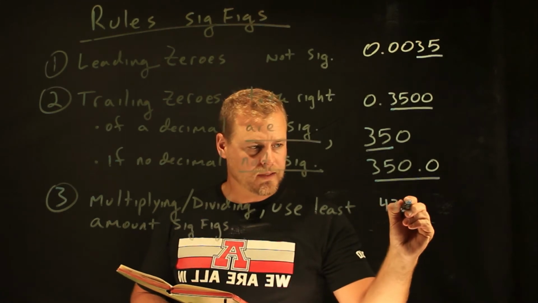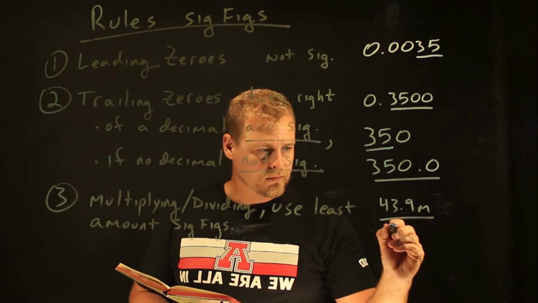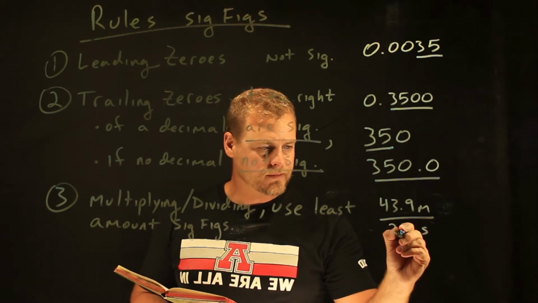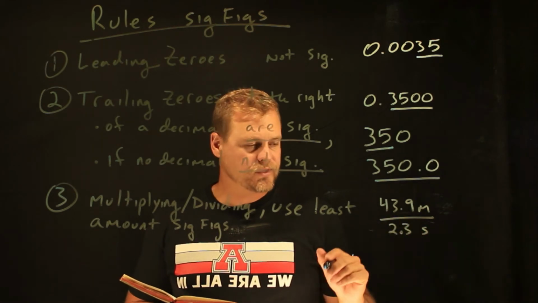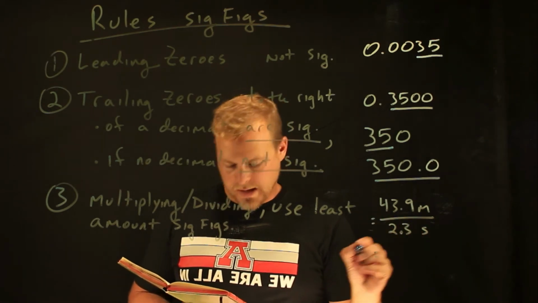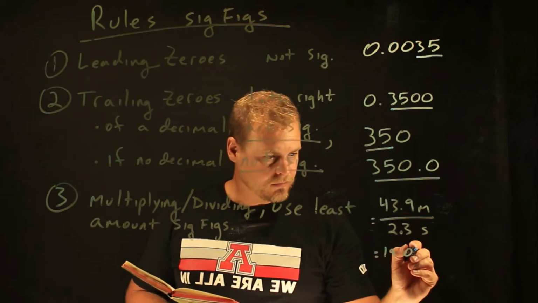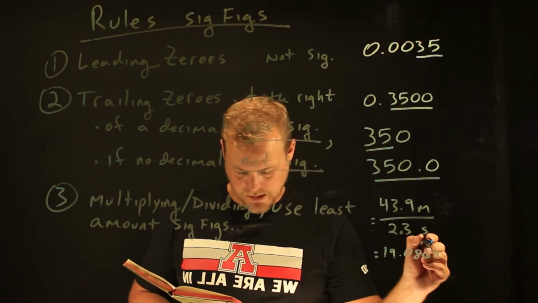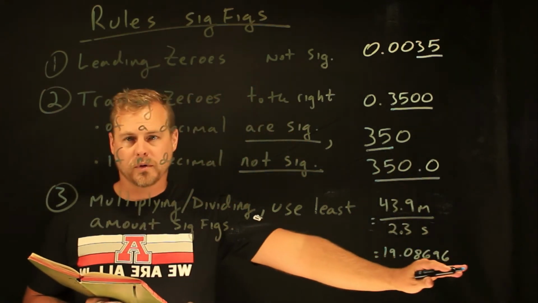43.9 divided by 2.3 seconds. This one has 3 significant figures. This one has 2 significant figures. When you do the math, you get 19.086996, etc. You get this huge long number.